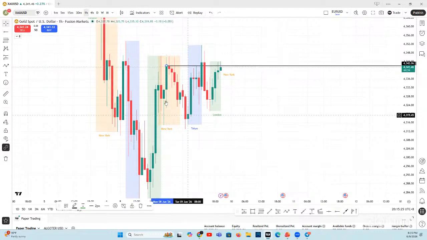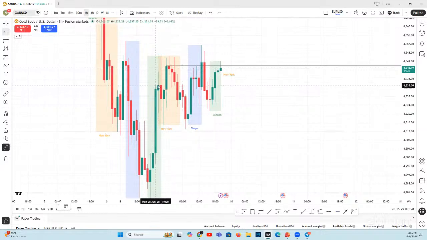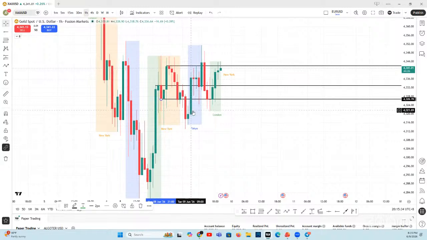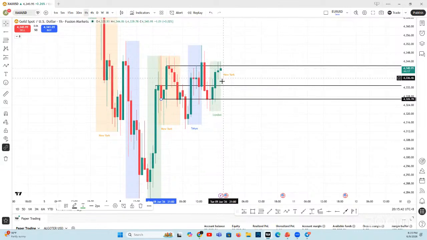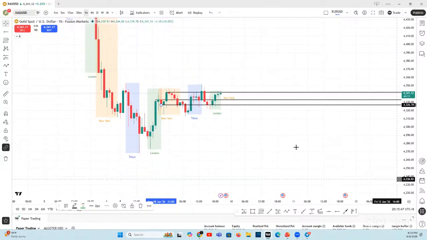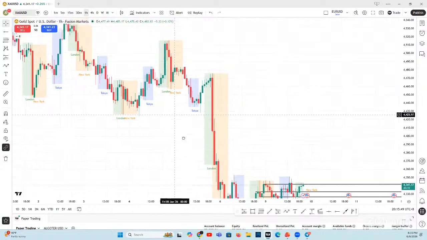Head, shoulder, neckline. You see, it went there, it touched the head, you can sell. And maybe it will go down, and now you find the best entry, guys.